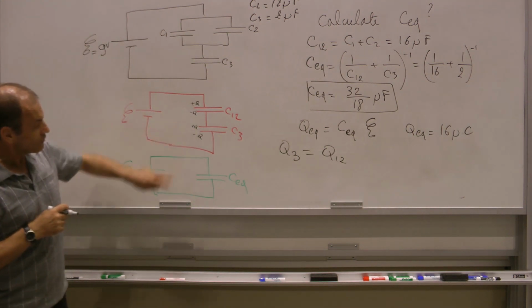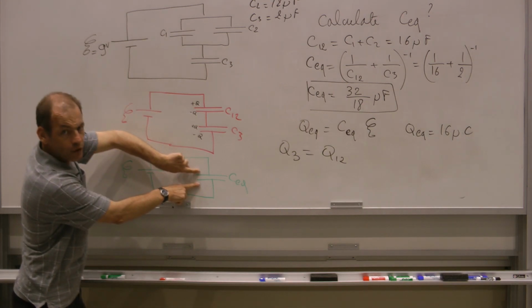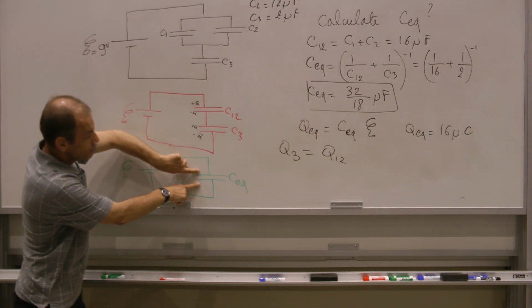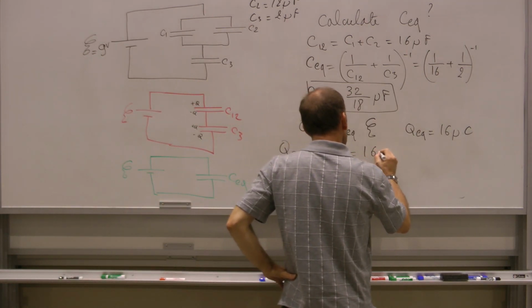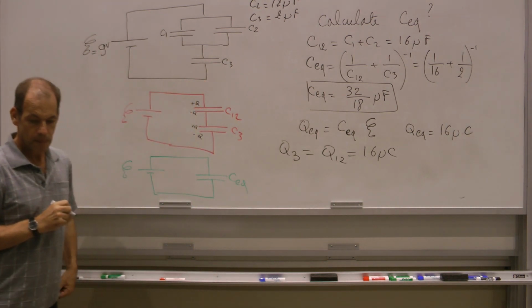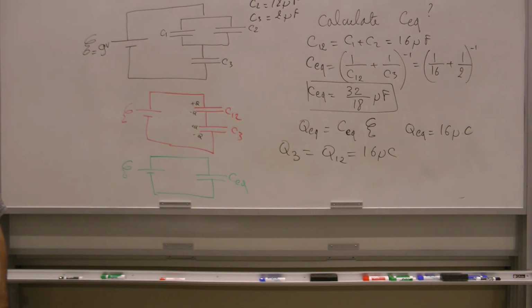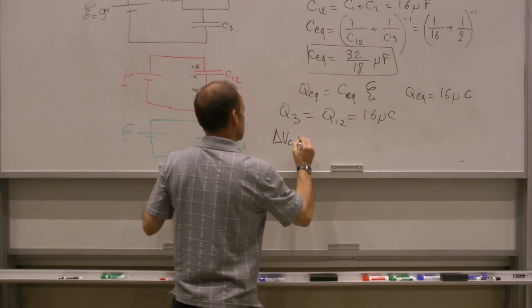So what is going to be this charge? Well, this charge is the same as what we had originally down here. You cannot create more charges, so this is necessarily equal to 16 microcoulomb. That allows us to calculate the delta V3.